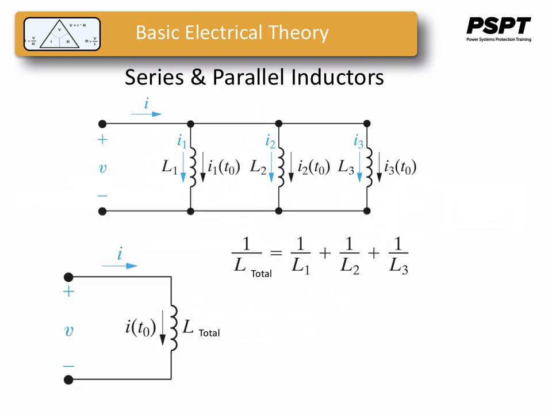Thus, the total inductance is less than any one of the individual inductances. The formula for calculating parallel total inductance is the same form as calculating parallel resistances. 1 over L total is equal to 1 over L1 plus 1 over L2 plus 1 over L3.